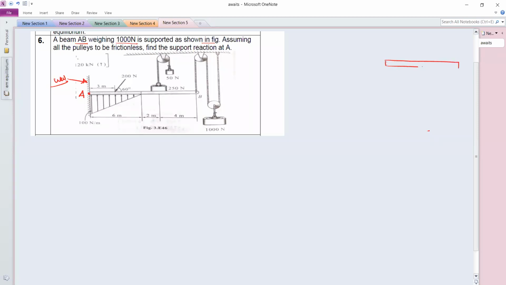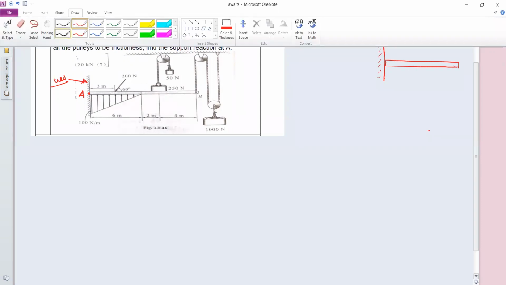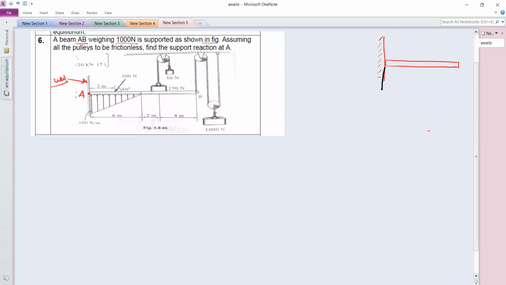So if this is the beam and it is fixed with the wall, whenever we draw the free body diagram, then it will have three reactions. So this is the vertical reaction VA, this is horizontal reaction HA, and there is one moment reaction, which is the MA. Okay.